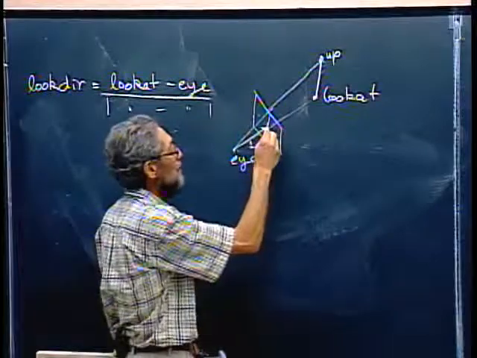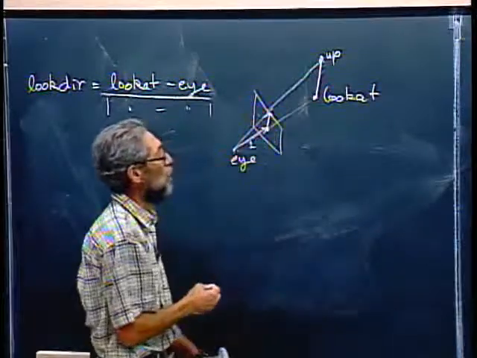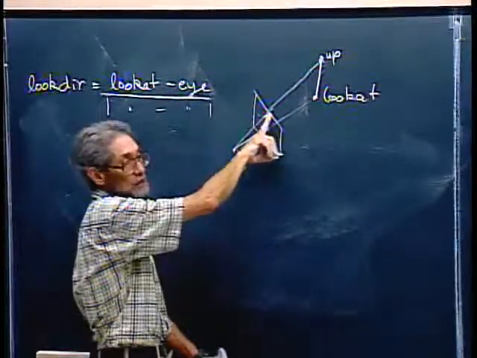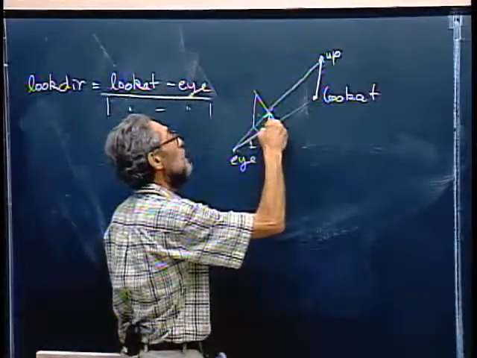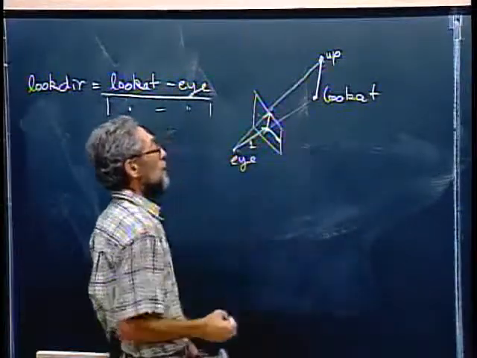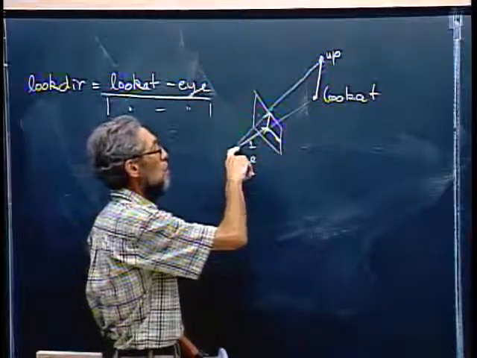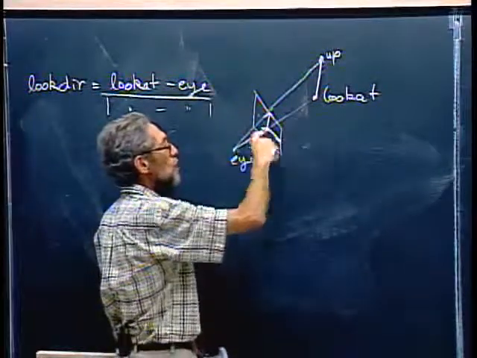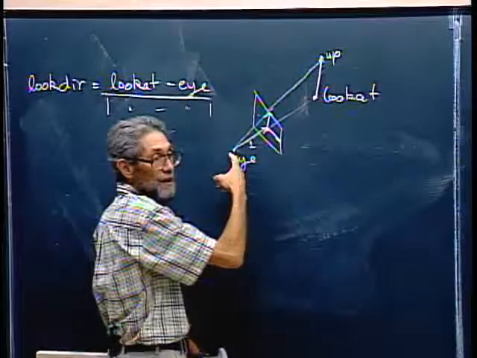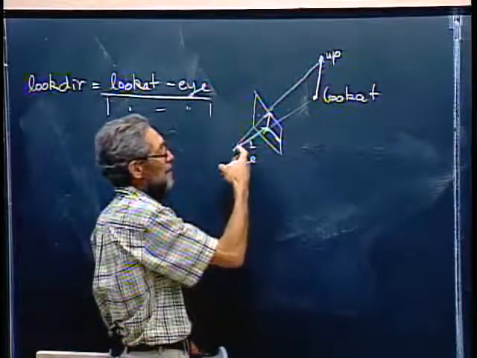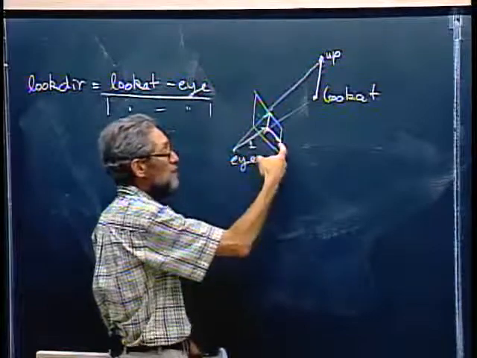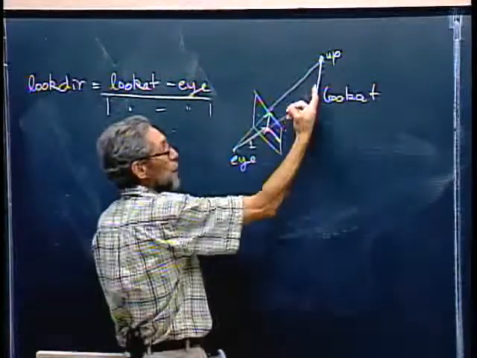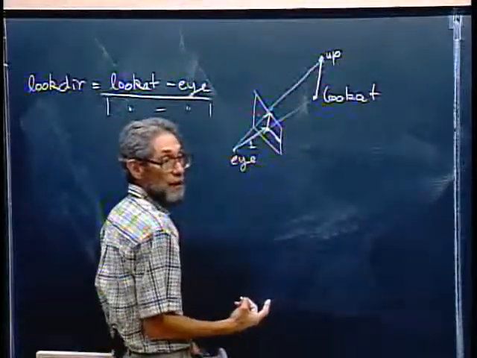And then when you project that up vector, it ought to come to be the y-axis of your viewing coordinate system, which means the x-axis of your viewing coordinate system has got to be perpendicular both to this plane and this line. If it's perpendicular to that plane, that means it's perpendicular to both this vector in that plane and that vector in that plane.